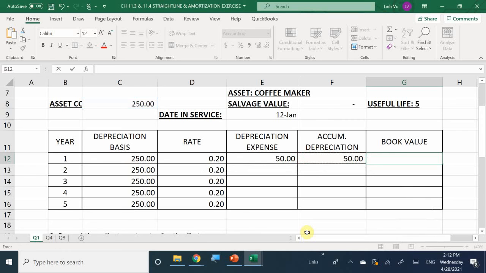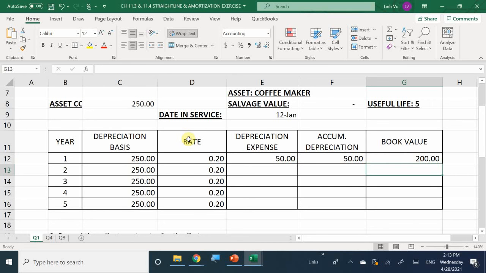I have to do the absolute value here. So 250 minus 50. Okay, and we get $200. All right, everyone okay here?